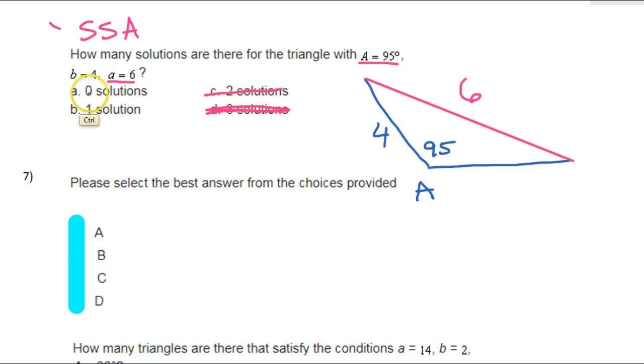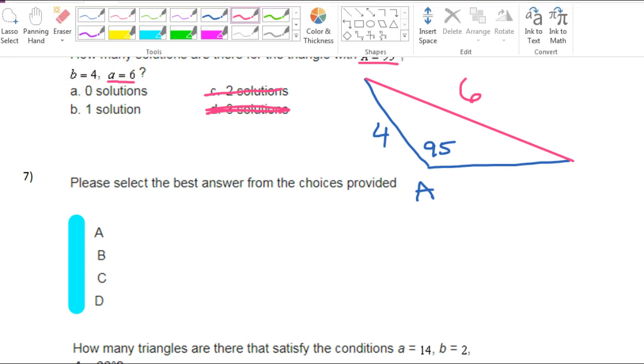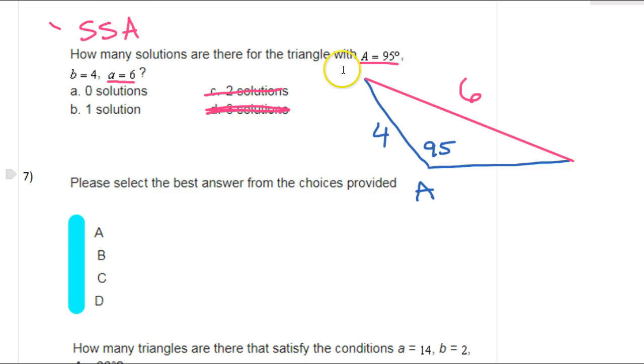Now, as far as the question of 0 triangles or 1 triangle, the only question is: is this red side long enough to reach the ground? And look, it just has to be longer than 4. You see the 4 right here.